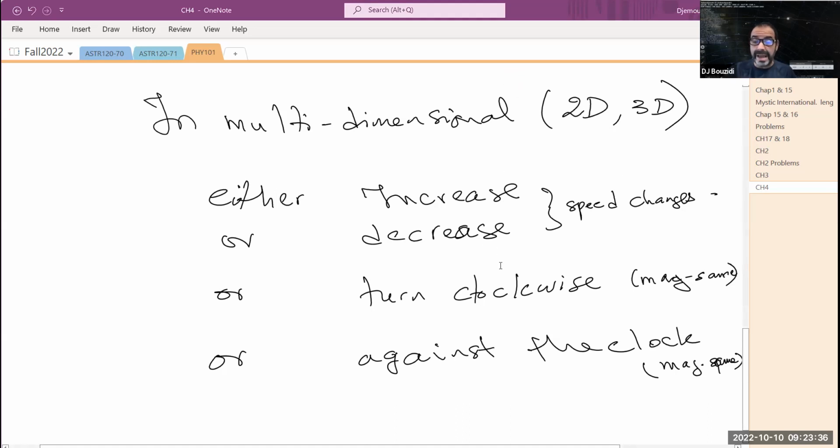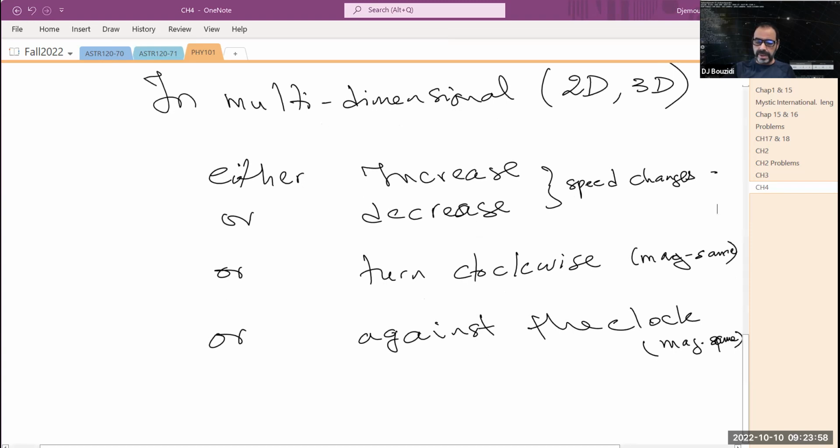So it could happen all of them at the same time. The object could be speeding up and turning left, or slowing down and turning left, or speeding up and turning right, or slowing down and turning right, or keeping its speed and turning left, or keeping its speed and turning right. As long as any one of these conditions is met, the velocity changes.